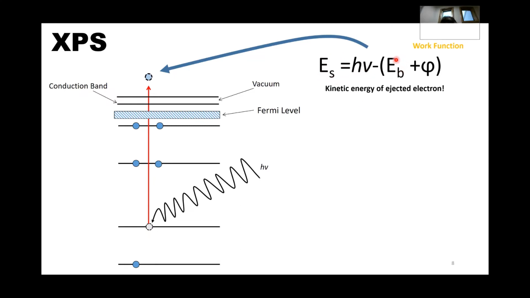So the kinetic energy equation is given by this. And so this parameter, I tried to find the right variable for work function, so I labeled it work function, so it's unmistakably work function. H is Planck's constant. Mu is the frequency of the photon, and you can calculate that from the information, actually.